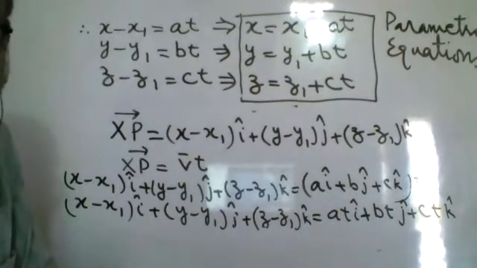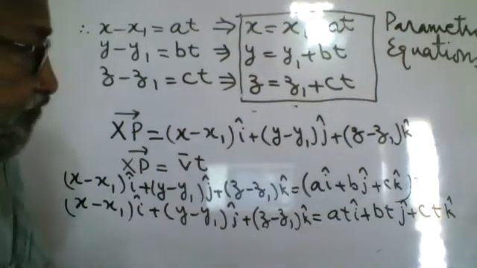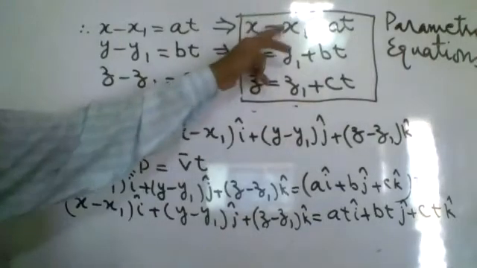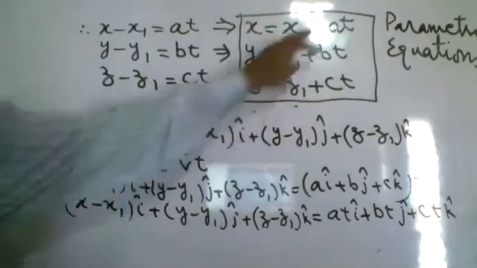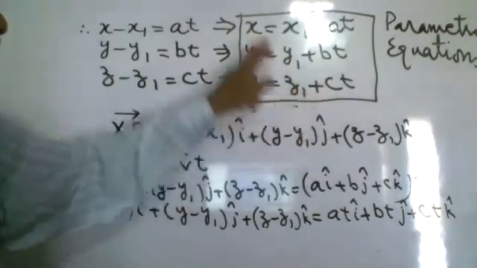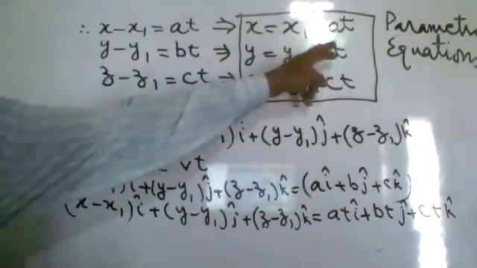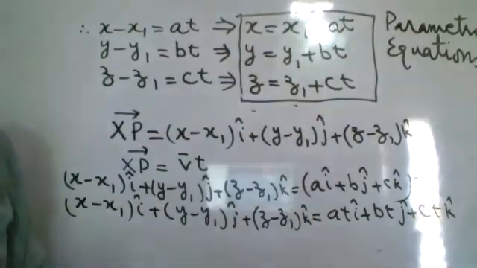In the actual question, there will be some numbers for x1, y1, z1 and a, b, c. But x, y, z and t will remain as they are in your solution, in the equations. So you are not going to change x, y, z.